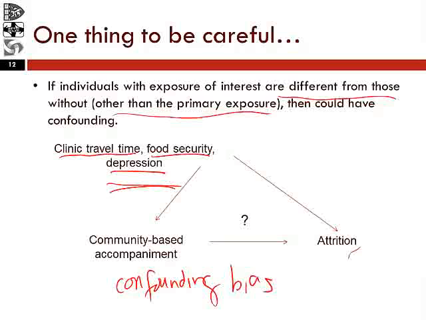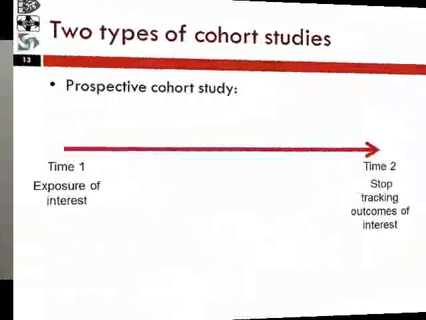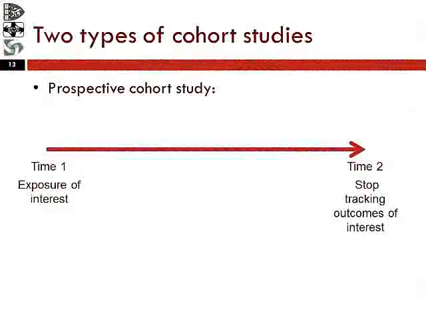So we'll talk about in a bit, they did have confounding bias. How did they control for that bias in their study? Now remember when I showed you that line, they said they used a prospective cohort study. And there's two types of cohort studies that you commonly see. One is prospective, which is what they used, and the other is retrospective.